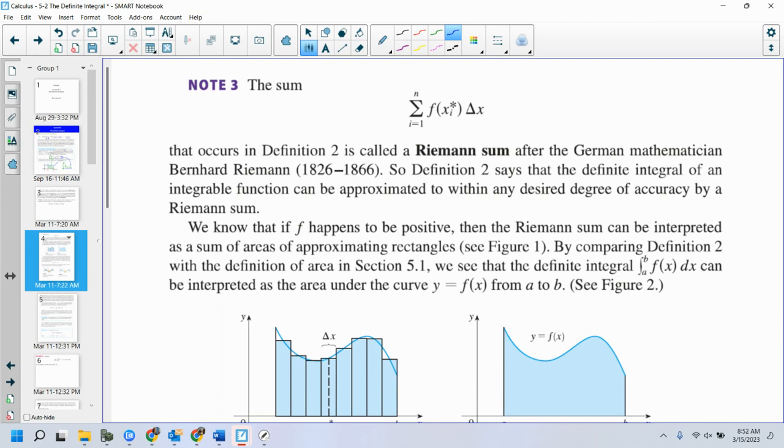This is the Riemann sum: the sum from 1 to n, where n is how many pieces you want to break it up into, of f of x_i times delta x. It's called the Riemann sum after German mathematician Bernhard Riemann. Definition 2 says that the definite integral of an integrable function can be approximated with any desired degree of accuracy by a Riemann sum. So you can approximate the integration by using a Riemann sum.